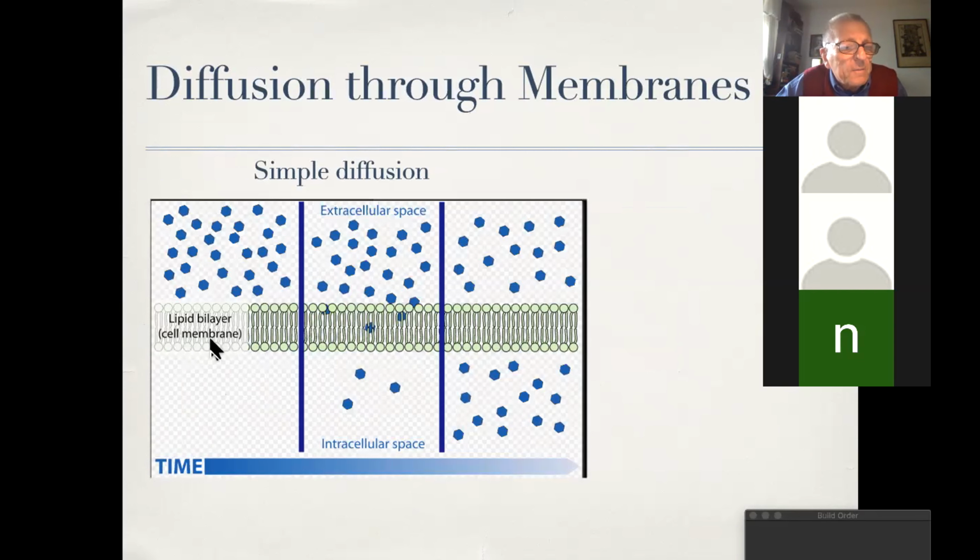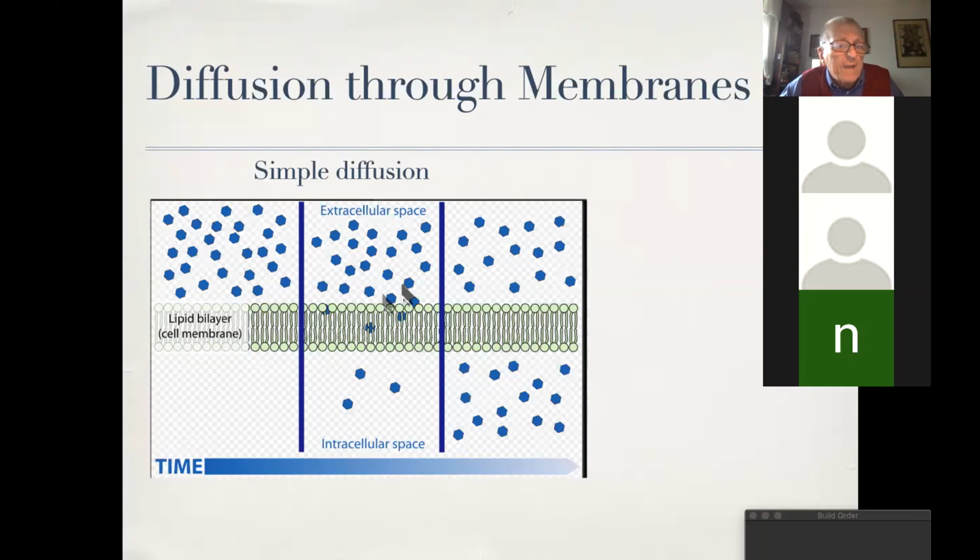We have a lipid bilayer, a cell membrane, and on the one side we have particles suspended in the liquid, and we are analyzing the process when these particles sneak through the separating bilayer, and this is a process of simple diffusion.